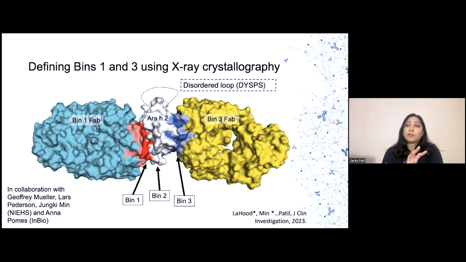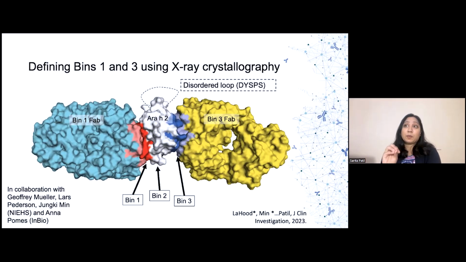And when you look at all of these, we can identify the epitope for bin 1; bin 3 is there, 2 would be tucked underneath, and the loop region, which doesn't show up in X-ray crystallography as it's so disordered, is on the top there. And so this allowed us to identify not only where these epitopes were localized, but also the fact that these epitopes were recognized by both the heavy and the light chains of these individual monoclonal antibodies.